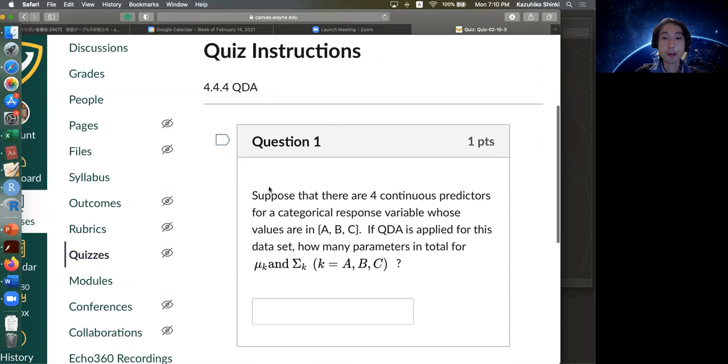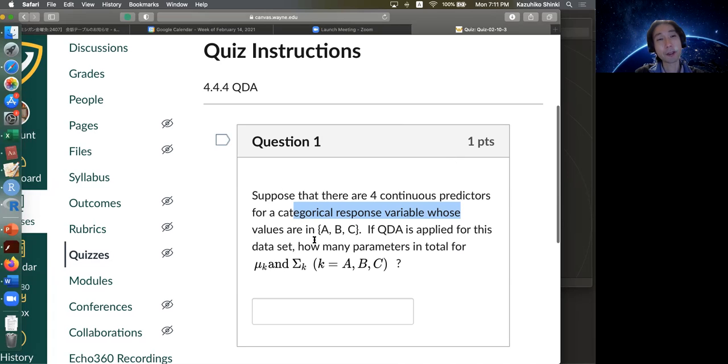So suppose that there are 4 continuous predictors, x1, x2, x3, x4, and a categorical response variable whose values are A, B, C. So we have the 12. And QDA is applied to this data set. How many parameters in total for μk and Σk? So for μk, as we discussed, we have 12 parameters. And Σk is basically a 4x4 matrix.